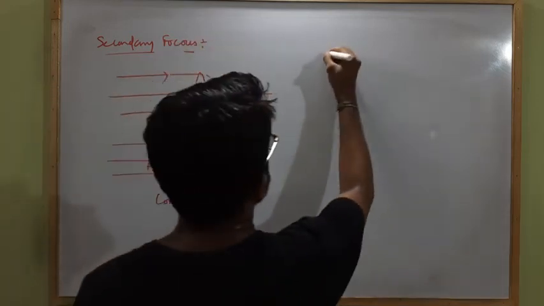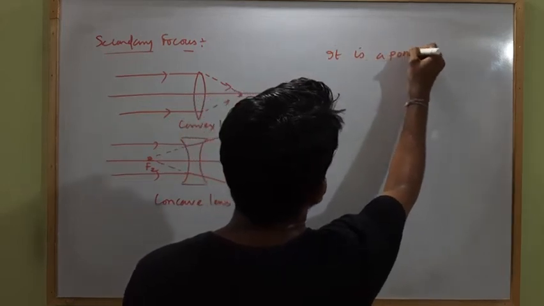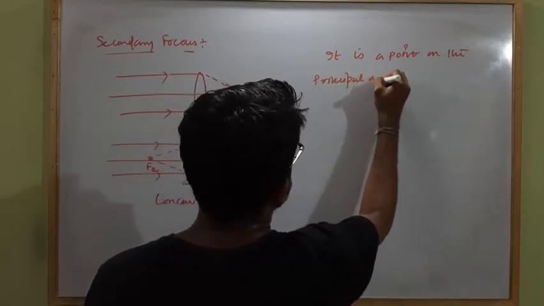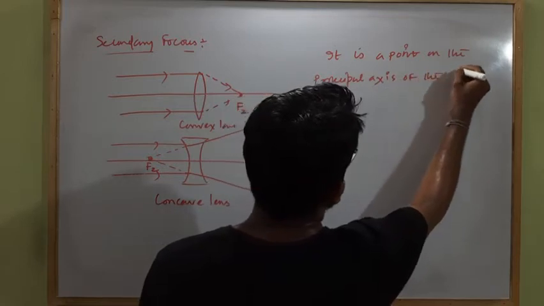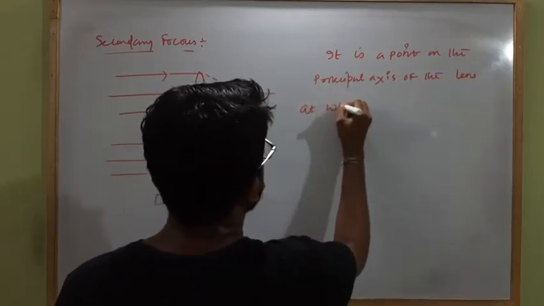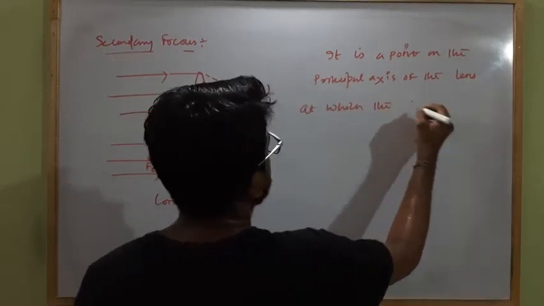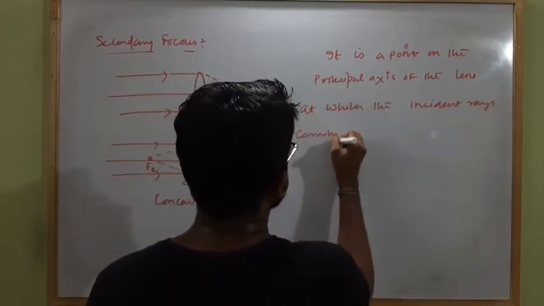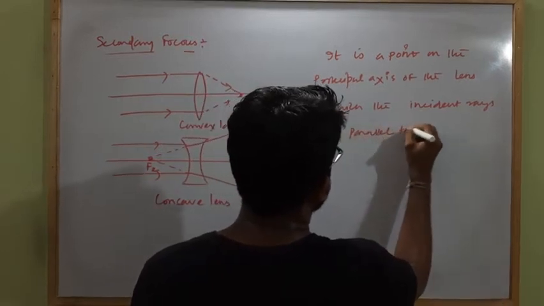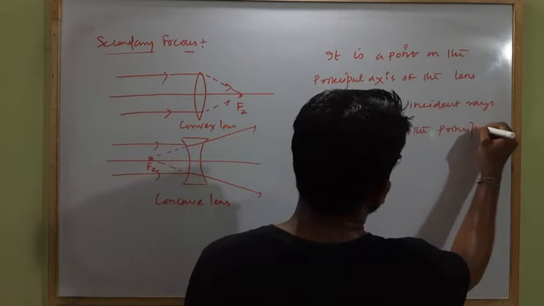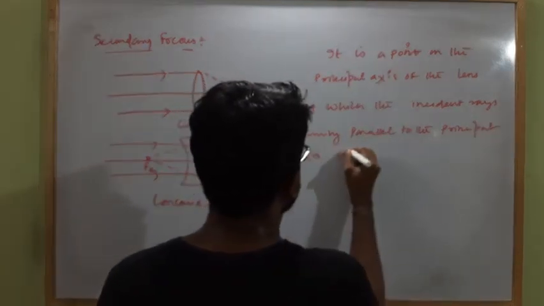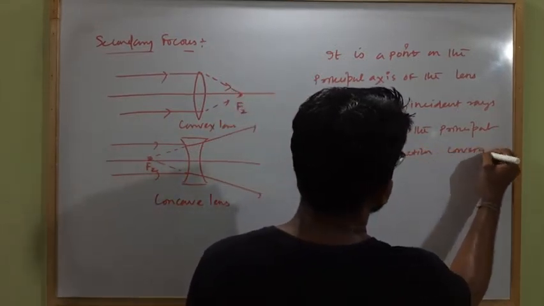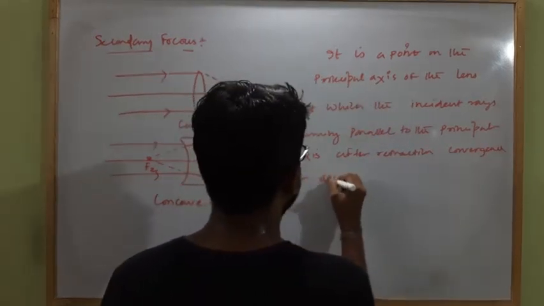So what is secondary focus? It is a point on the principal axis of the lens at which the incident rays coming parallel to the principal axis after refraction converge or appear to diverge from.